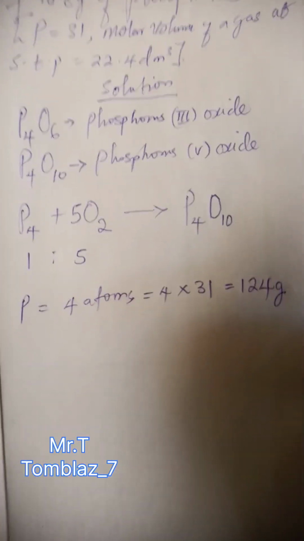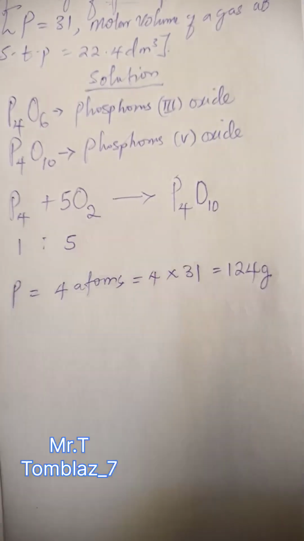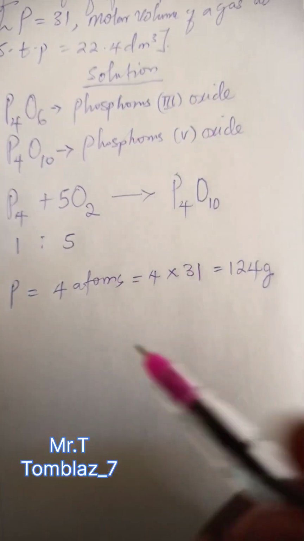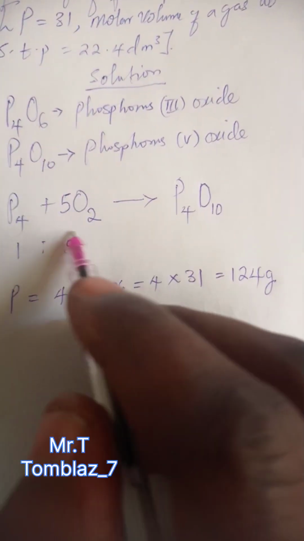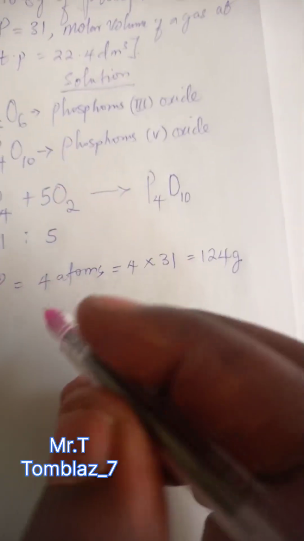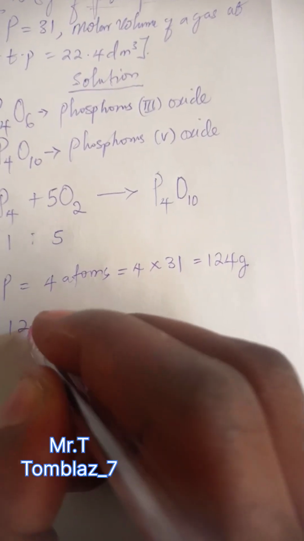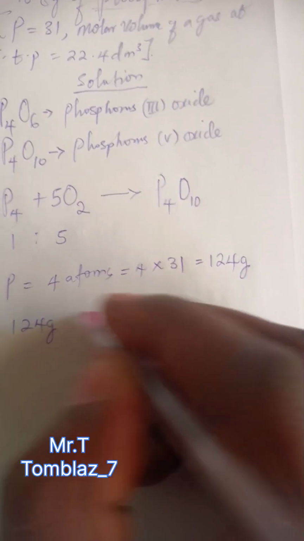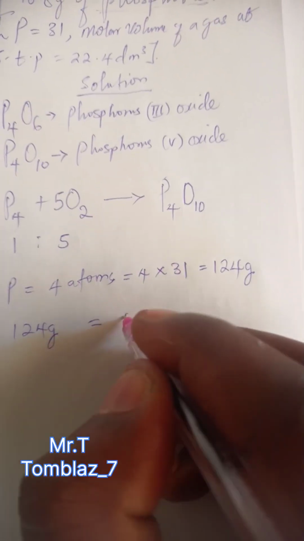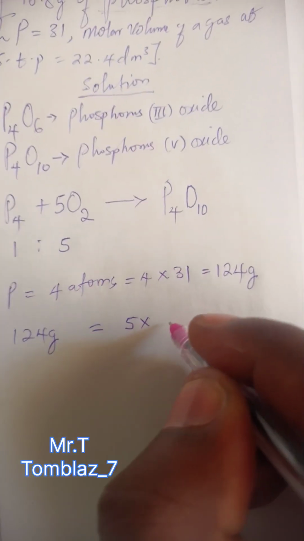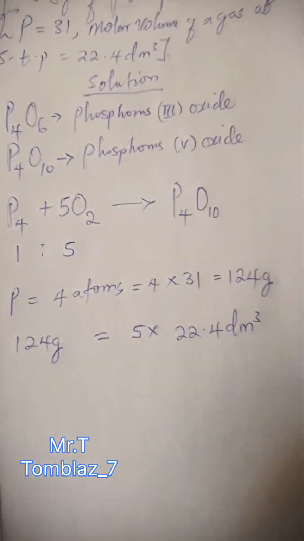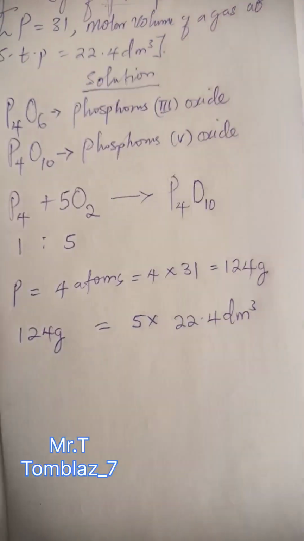Okay, now let's also consider the fact that oxygen has 5 moles as it reacts with phosphorus. So if 124 grams of phosphorus reacts, it will produce 5 times 22.4 dm cube of oxygen. Is that not so? Yeah.